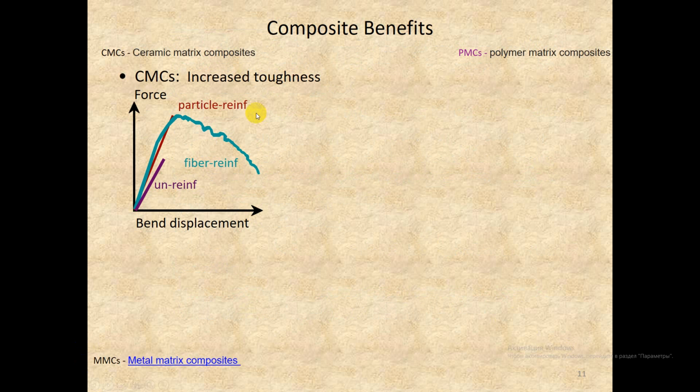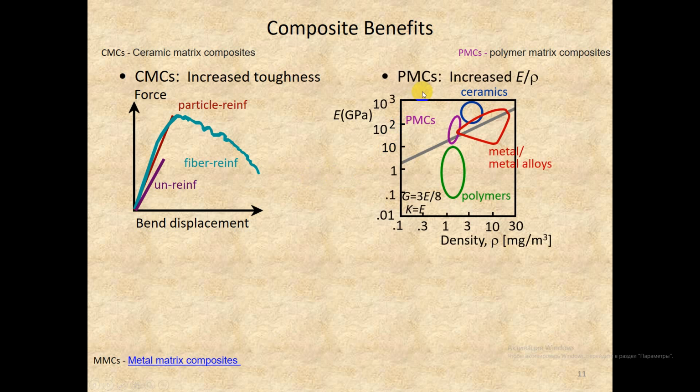Composite benefits. Ceramic matrix composite: increased toughness. You can see that unreinforced and particle reinforced materials have different forces, and ceramic matrix composite has increased toughness. Polymer matrix composites: increased Young's modulus divided by density.